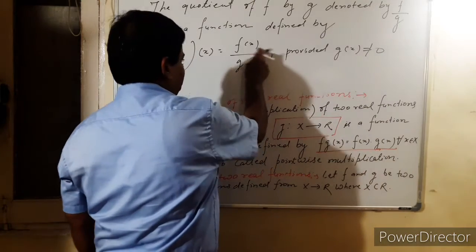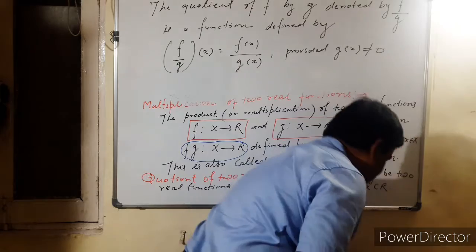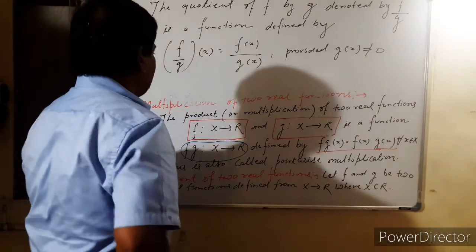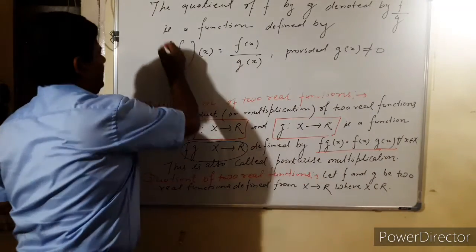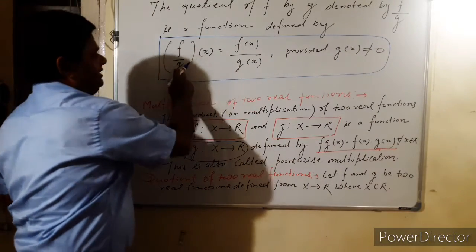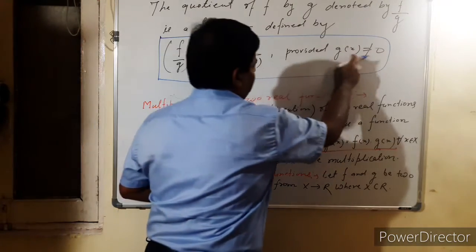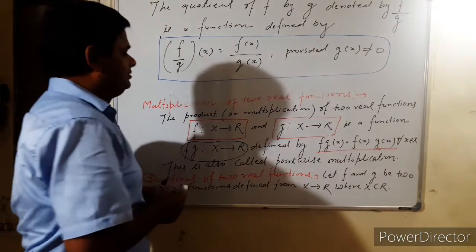Otherwise, if g(x) is 0, the function is not defined. This formula you have to keep in mind: (f/g)(x) equal to f(x) by g(x), provided g(x) is not equal to 0.